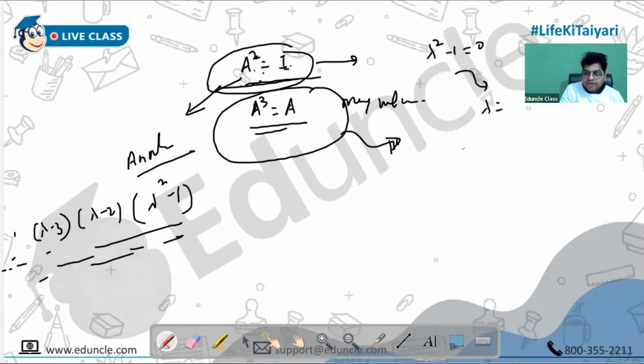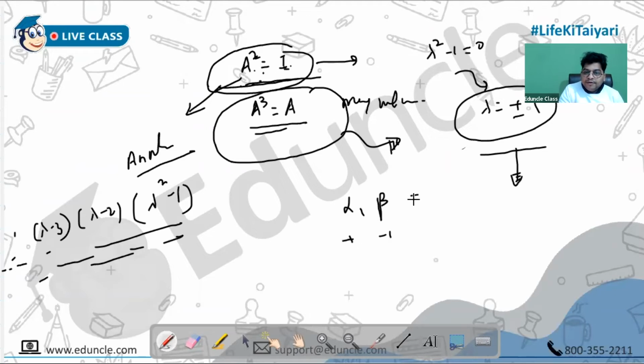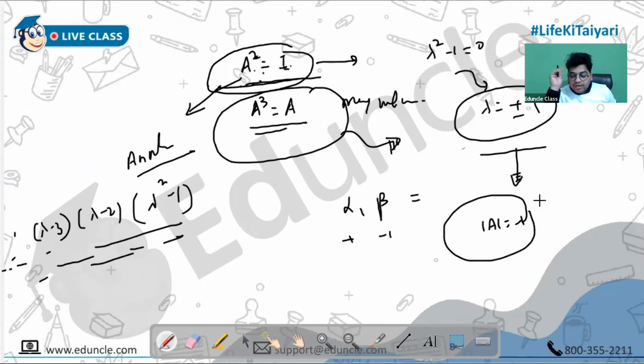So lambda equal to plus minus 1 is an eigenvalue. So alpha is plus 1 and beta is minus 1, you can say, and the determinant is minus 1.